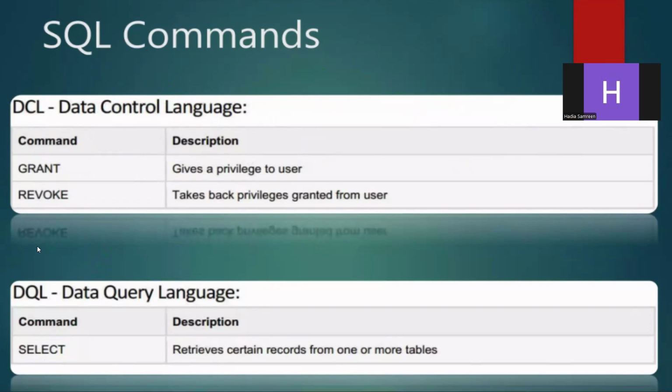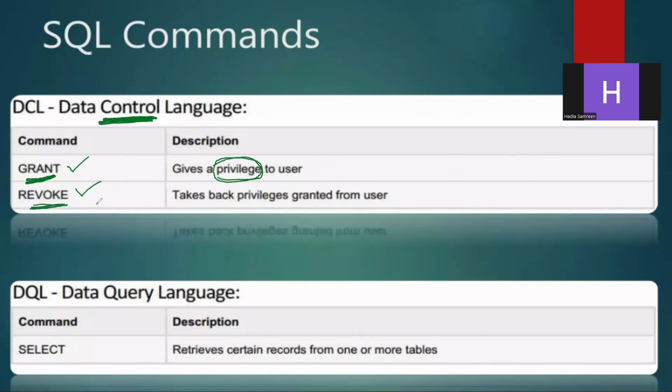Next comes data control language. Control, as the name suggests, means we take control over which user has been granted access or privilege and which has not. So let's see. The first command is grant. Grant means we are giving the privilege to the user so that the user can access the database.